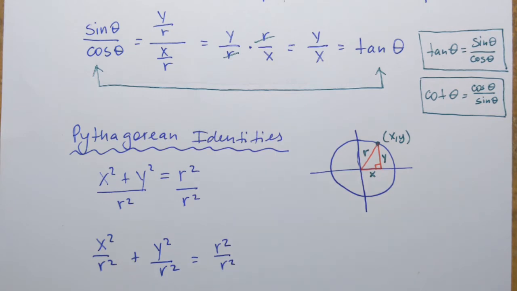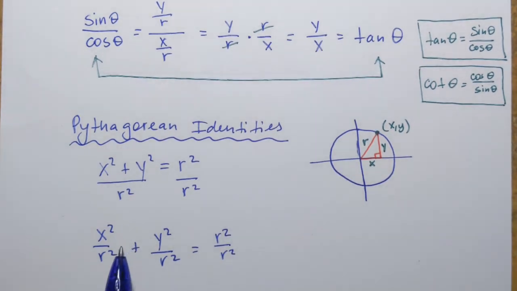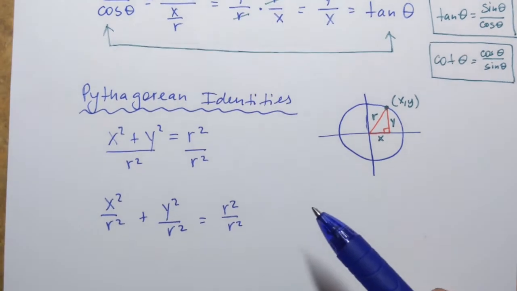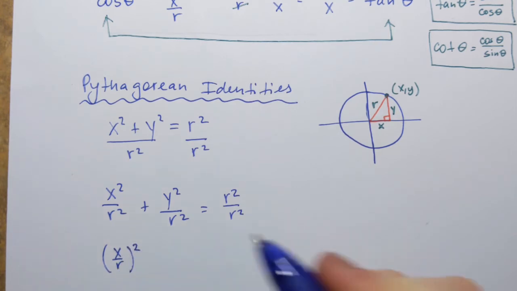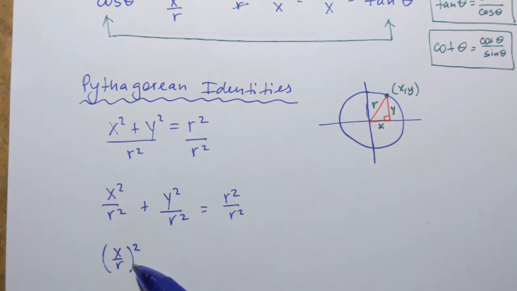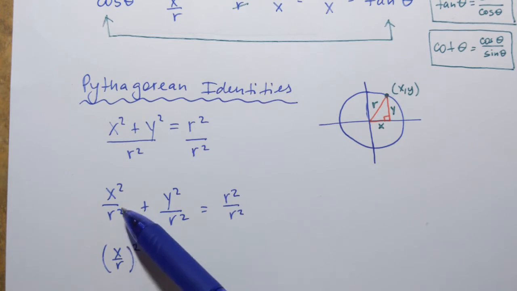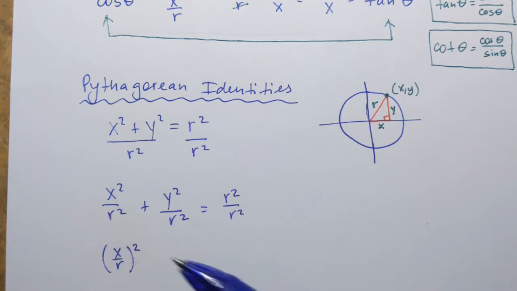Next I'm going to write each fraction as a quantity squared. For the first fraction, it's the numerator squared and the denominator squared, so I'm going to rewrite it as the fraction x over r and then square it outside. Well, we can always simplify it and go back to the original version of it, right?